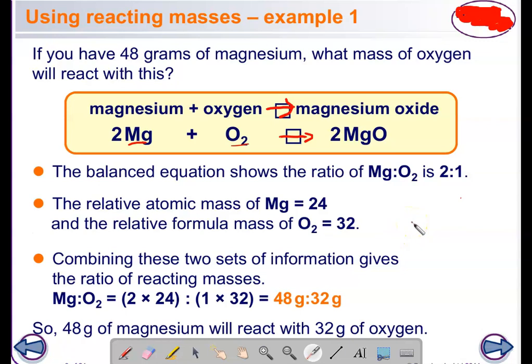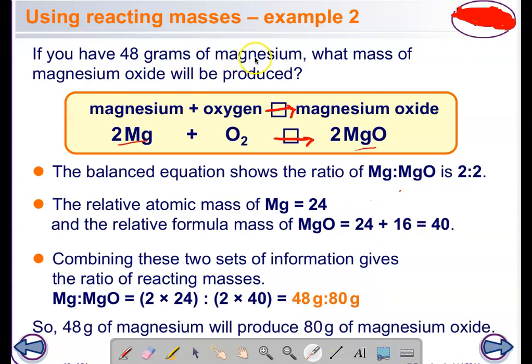Now that we know the number of moles of oxygen is 1, we can calculate the mass of oxygen that we require. Mass from our formula is number of moles times relative molar mass. The number of moles is 1 multiplied by the relative molar mass of oxygen, which is 32. We're going to have 32 grams.